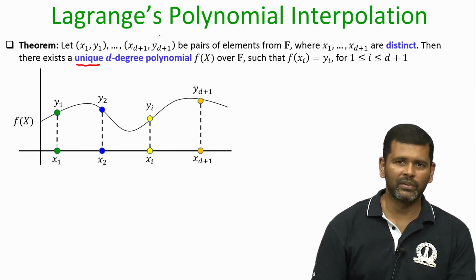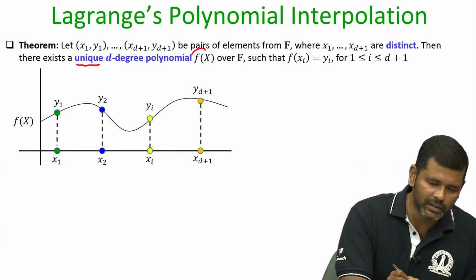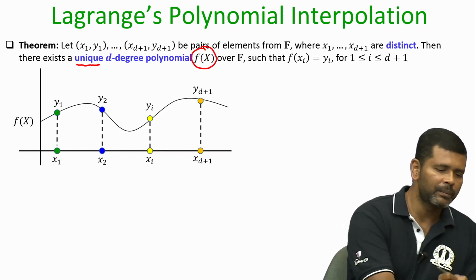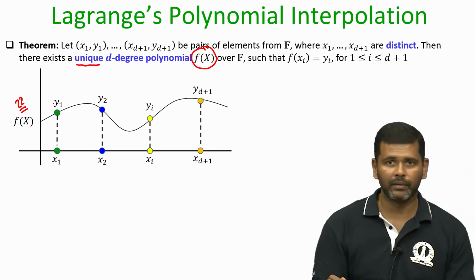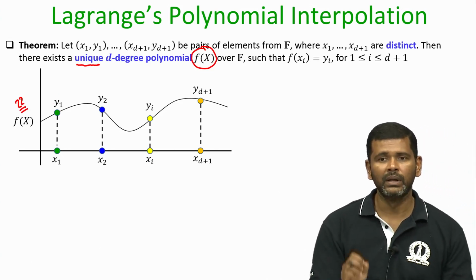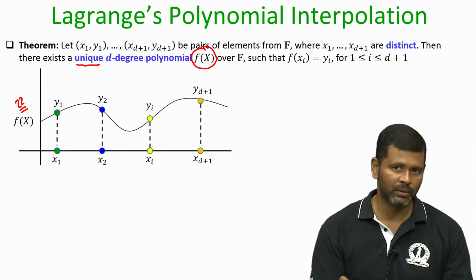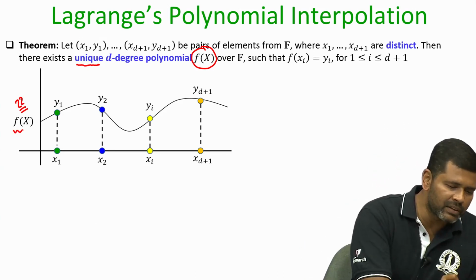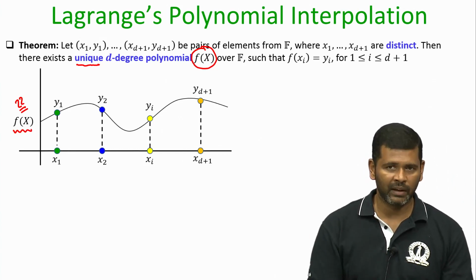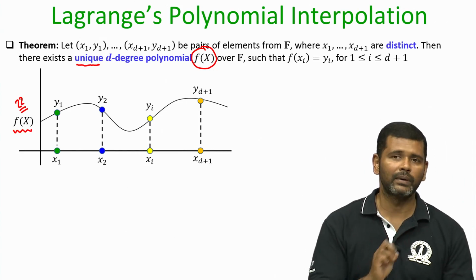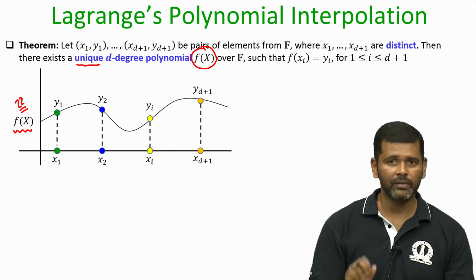So, now how do we prove this theorem? There are several ways to prove it. We will be interested basically in constructing this polynomial f of x. This f of x polynomial is not given to us. We are given only the x y pairs, x 1 y 1 is given to you, x 2 y 2 is given to you, x sub d plus 1 y sub d plus 1 is given to you. Your goal is now to find this polynomial f of x, because that is what we will require in our secret sharing protocol later. How do you get this f of x polynomial? There are several ways to do this.